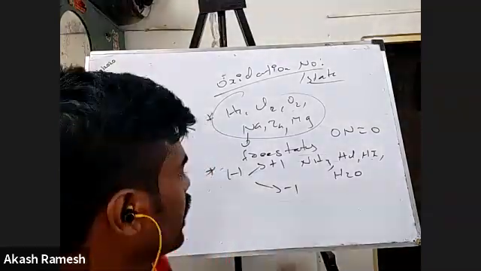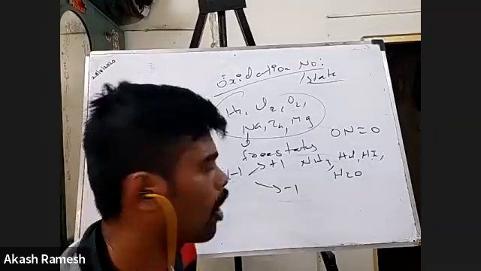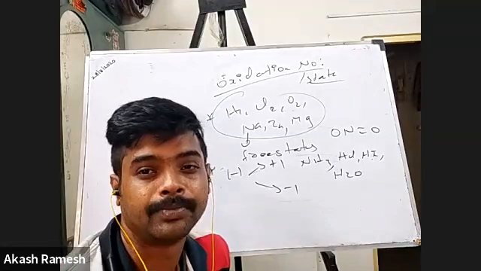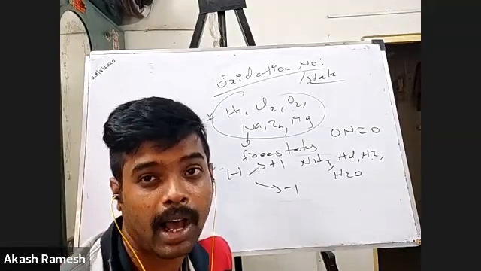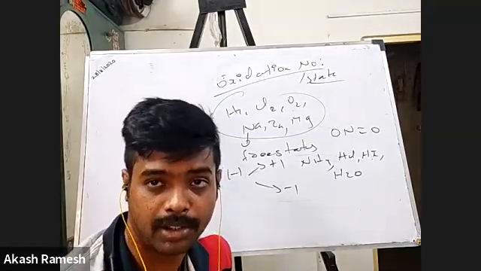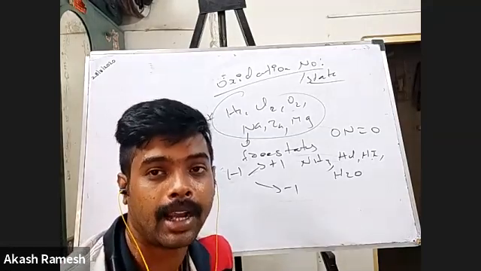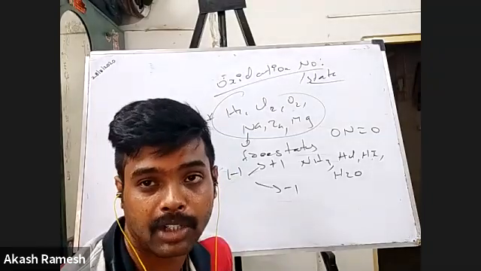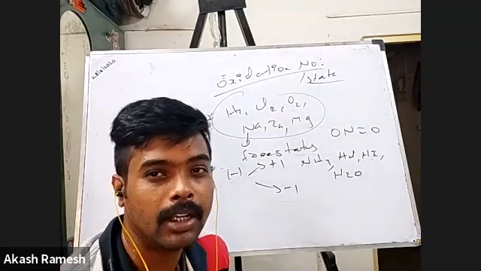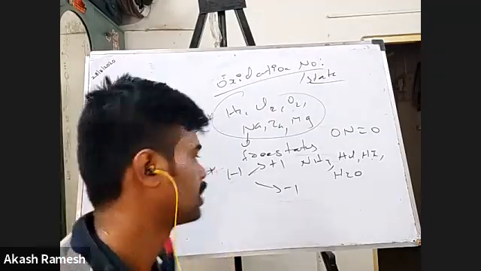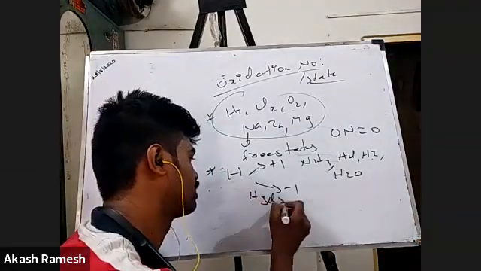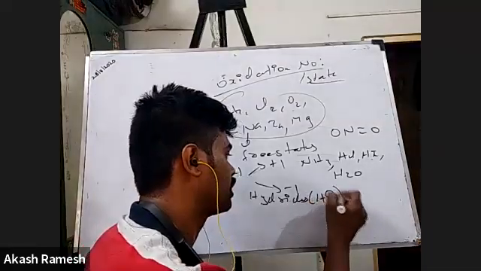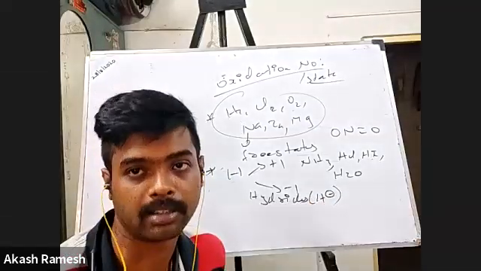Next, when I talk about -1, it's going to be the opposite. If hydrogen is attached to a highly electropositive element, hydrogen is going to have a negative charge of -1. You generally find this in hydrides, where the hydride ion is H minus.